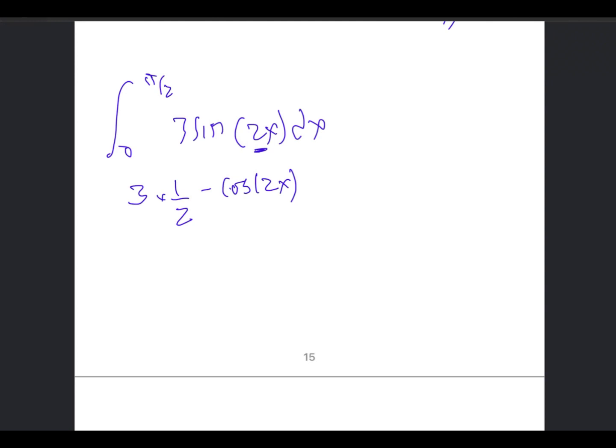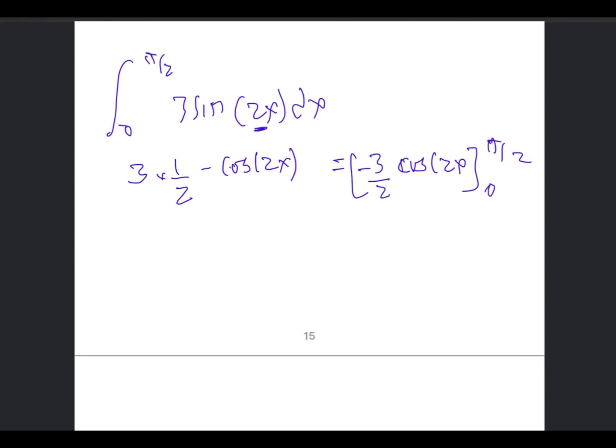At the end of the day, this one is going to give us 3 minus 3 over 2 cos 2x. So now remember that we have a limit 0 to pi over 2. So what we need to do is just substitute it.